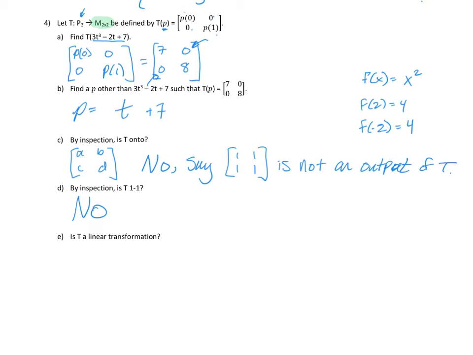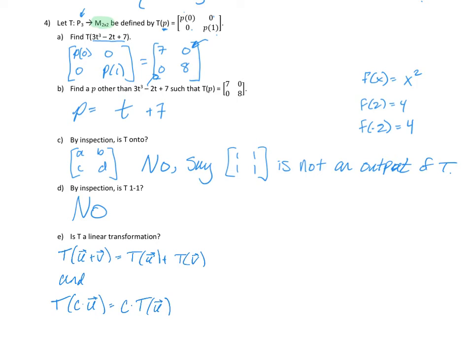The definition says that to be a linear transformation, it has to be true that T of U plus V equals T of U plus T of V, and that T of a scalar C times U has to be C times T of U. So is T a linear transformation? If you have two different inputs and plug them into T, is that the same thing as plugging them into T separately and adding?